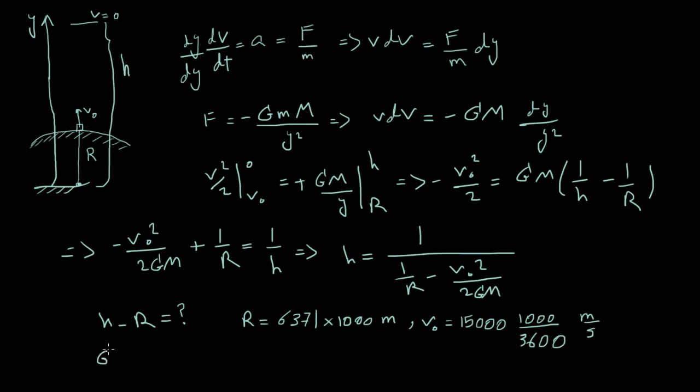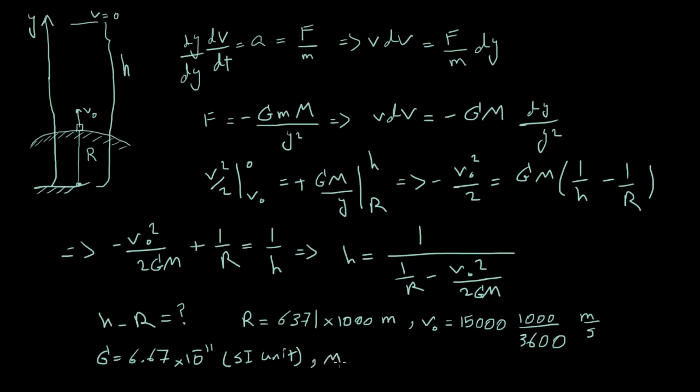G, Newton's gravitational constant, is 6.67 times 10 to the negative 11, in SI units. So when we are doing everything in SI units, then what we finally get is also in SI units.